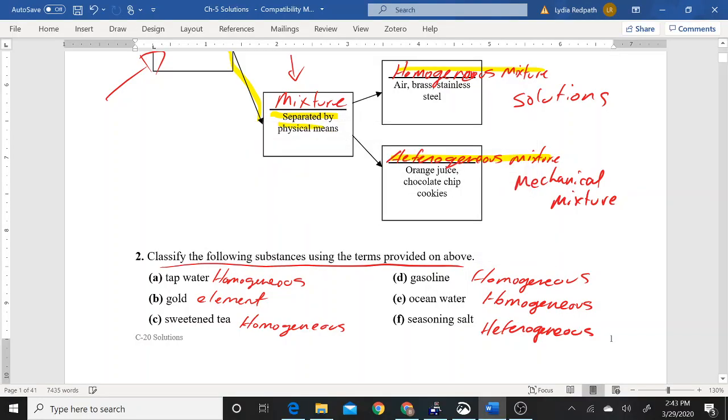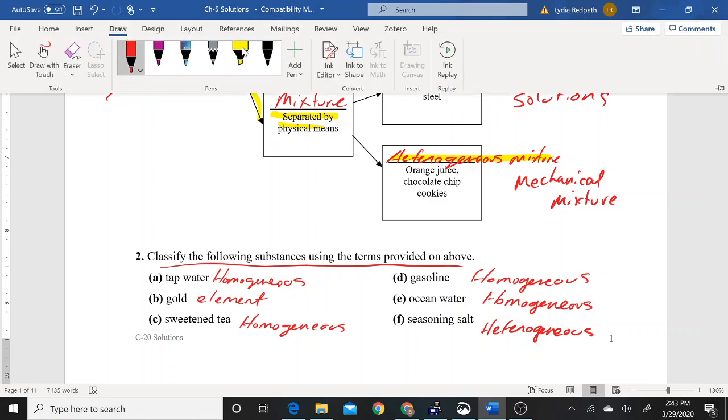All right. So, going through and checking this out, hopefully we came up with similar answers. Tap water, with fluorine and the actual water, would be a homogeneous mixture. Gold, an element, assuming that we're talking about pure gold and not like 14 karat or 10 karat gold, where it's actually more of a solution or homogeneous mixture.